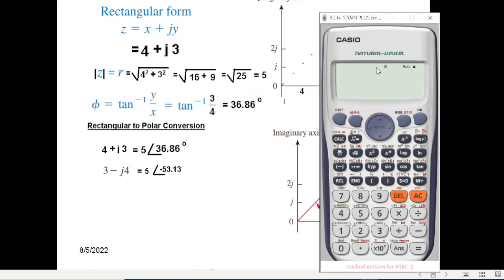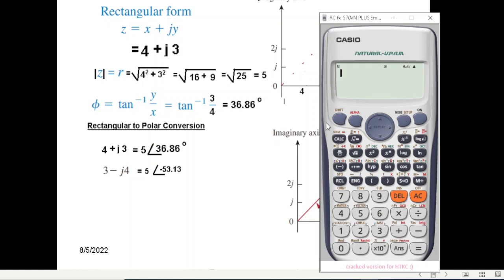Make sure your calculator is in computation mode, not in complex mode. And now we'll enter this, and we want to convert this rectangular into polar. So here are the two buttons that we'll be using. This is for converting into polar, look here, and this is for converting into rectangular. Now to use these two buttons, we first have to press shift. So let's do that.